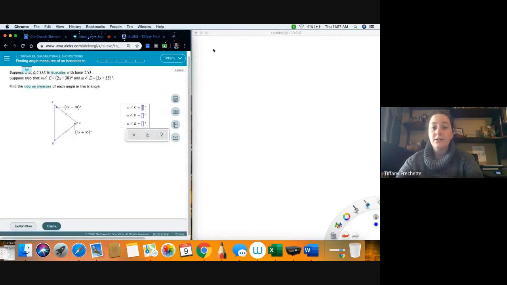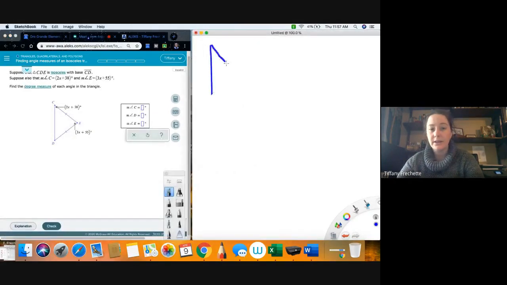All right, so for this one, we have this triangle here, and it's angle DCE. This angle is 2x plus 38. And this angle here is 3x plus 55. All right. And then they also give us these congruent marks here.